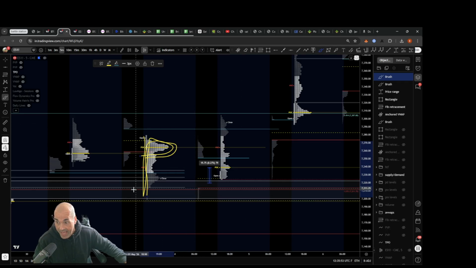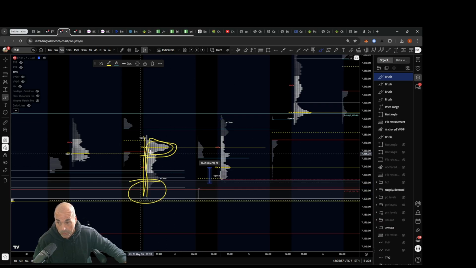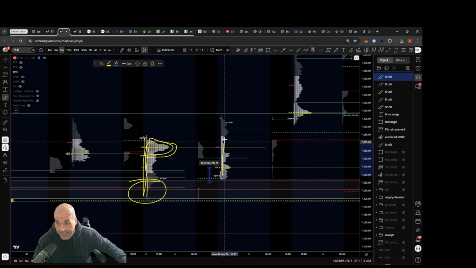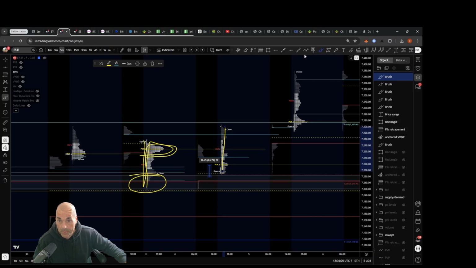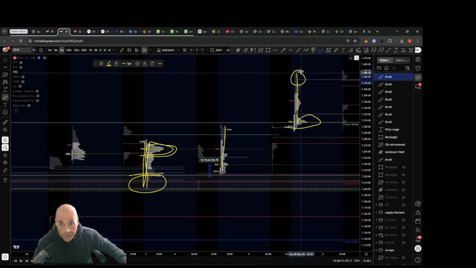We know this is either going to be a sweep of the previous low. P's usually result in I's because it's a continuation, right? And then we come here. What did we have? Did we have an uppercase B? No, we had a lowercase b. Boom, bam. Means we came up here, we couldn't build value, so we came back down to previous value.